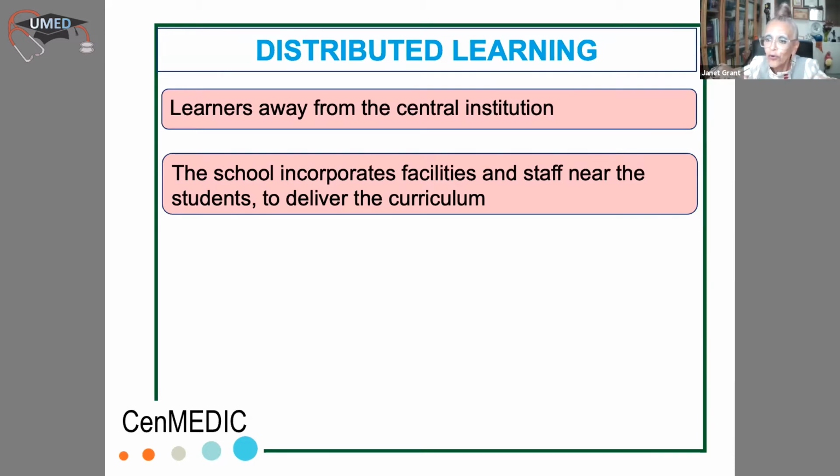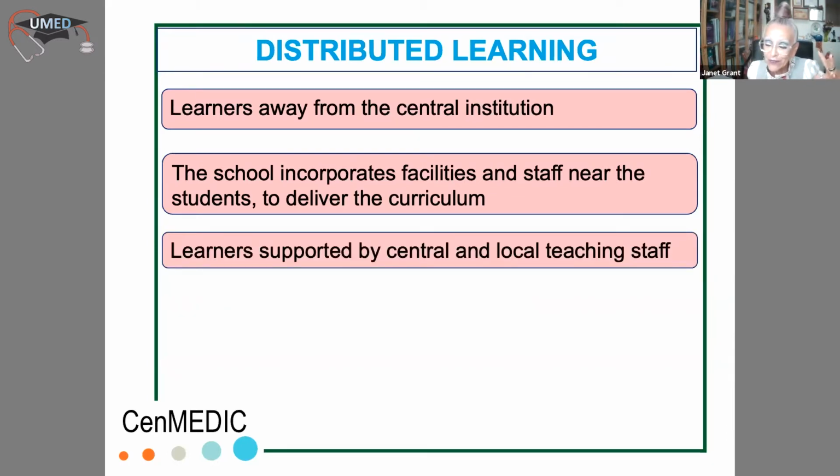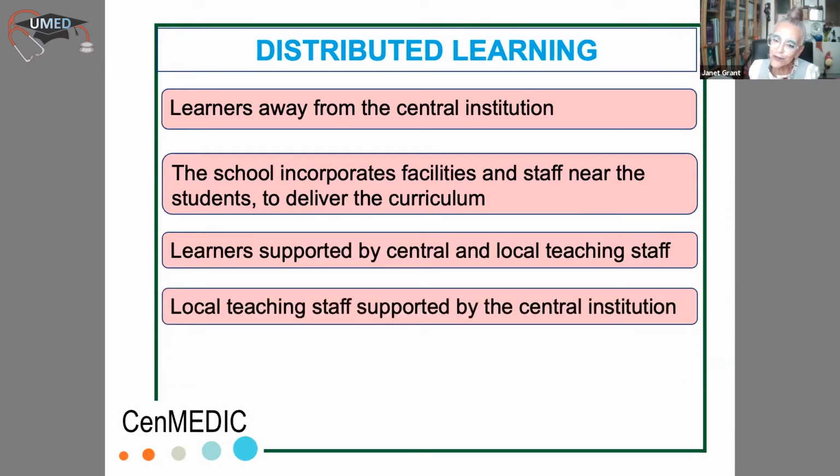So the school then, as the school already does, incorporates facilities and staff near to where the students are to deliver the curriculum. That is a nicely managed process. So you not only see students as being distributed, the school is distributed as well. And learners, as you do, are supported by central and local teaching staff.